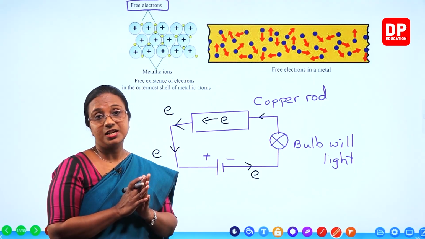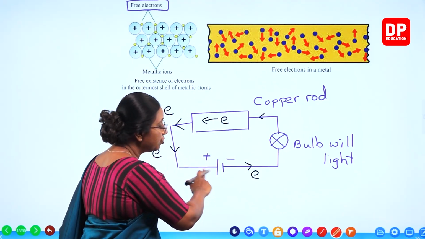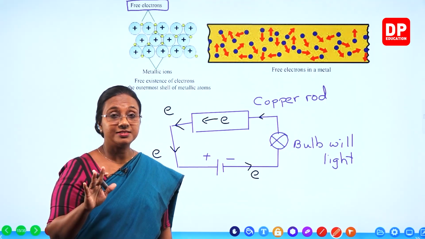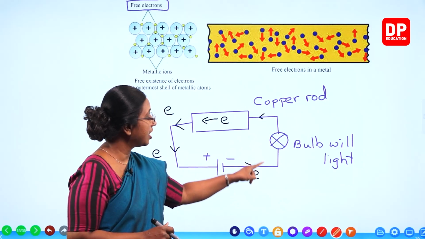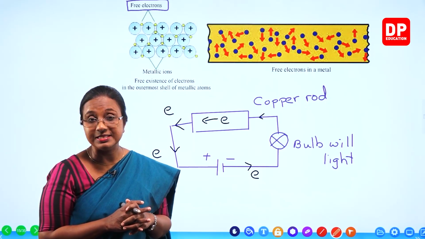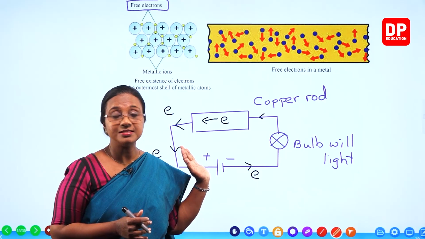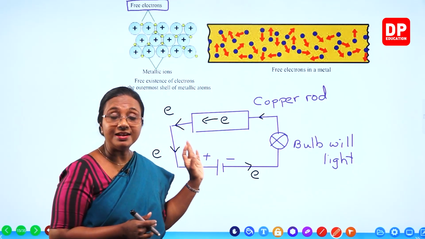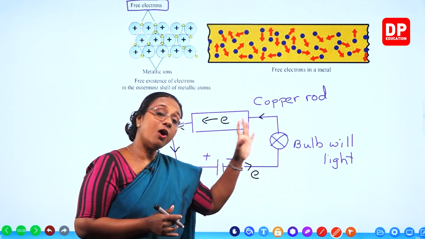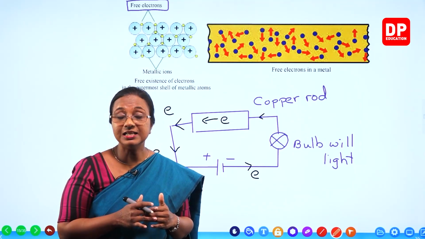Now, in reality, electrons flow from negative charge to positive charge. But the convention is that electricity flows from positive charge to negative charge. That is the convention. That is how we understand this concept. So a metal has a lot of free electrons, and the free electrons are moving randomly in a metal. Once it is connected to a circuit, they start moving in an orderly manner in a certain direction.